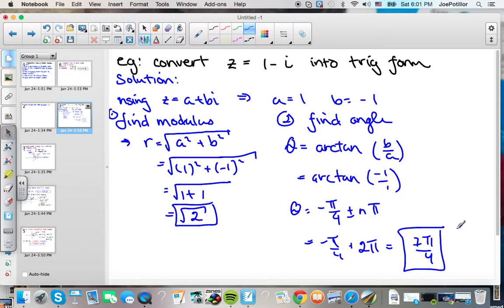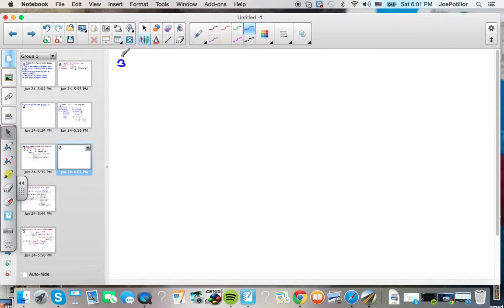And now that we know all the pieces of the puzzle, we can simply plug it in. So from here we use z is equal to r cosine theta plus i sine theta.